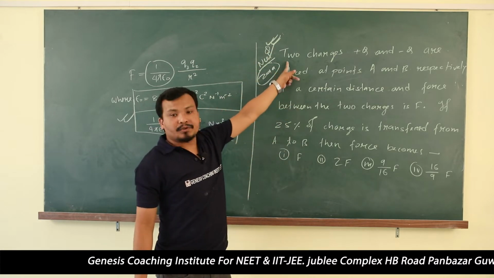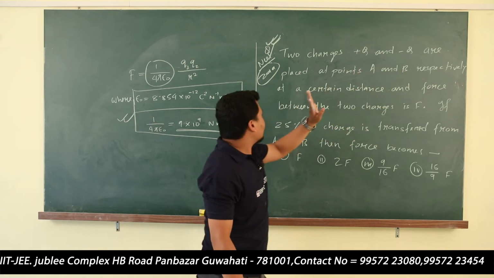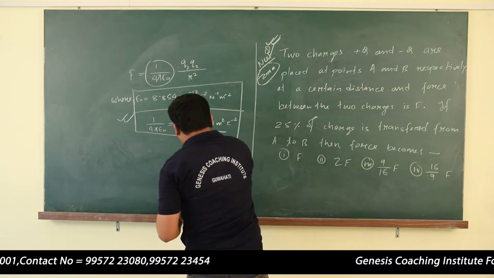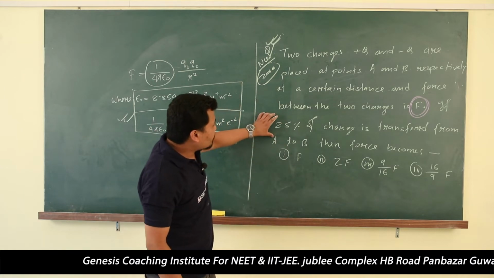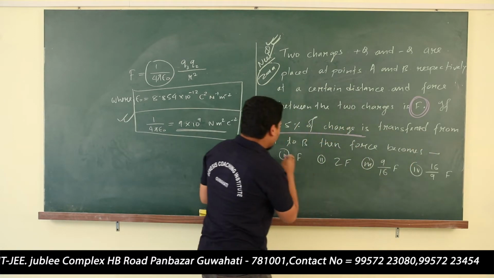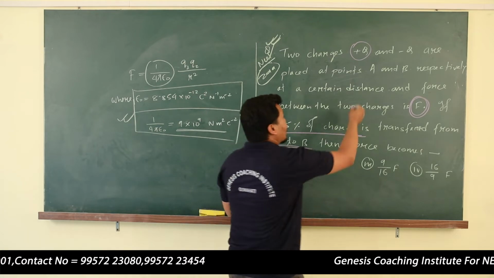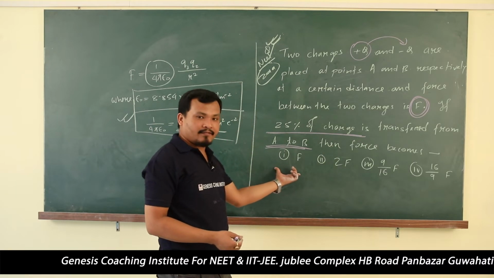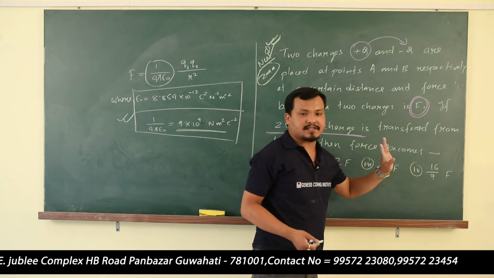So the question is, two charges plus Q and minus Q are placed at points A and B respectively at a certain distance, and the force between the two charges is F. That means initially the force between the two charges is F. Now, if 25% of charge is transferred from A to B, that means 25% of plus Q charge is transferred to minus Q, then the force becomes: option 1 F, option 2 2F, option 3 9 by 16 F, and option 4 16 by 9 F.